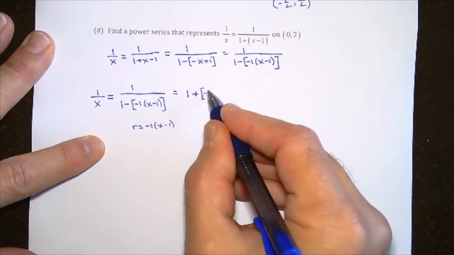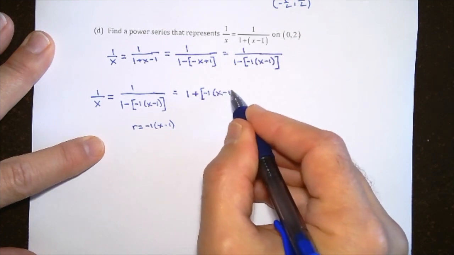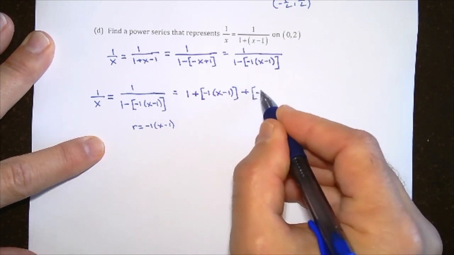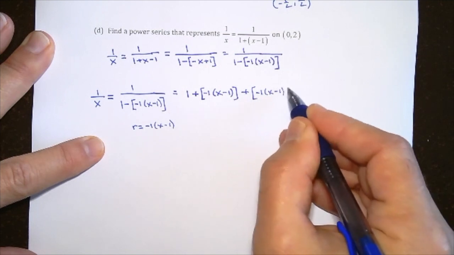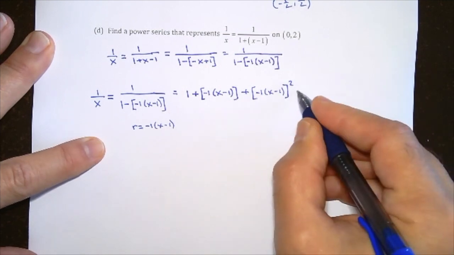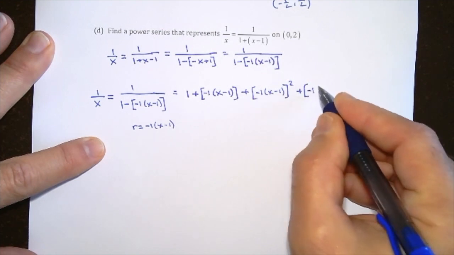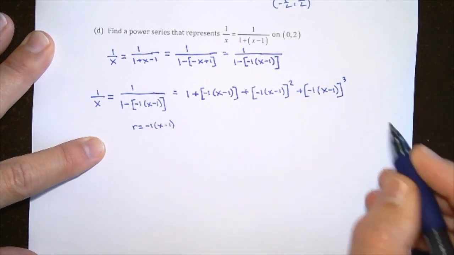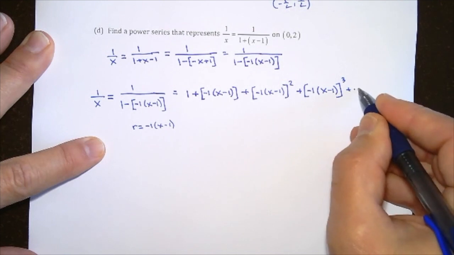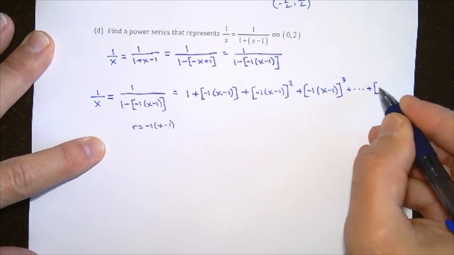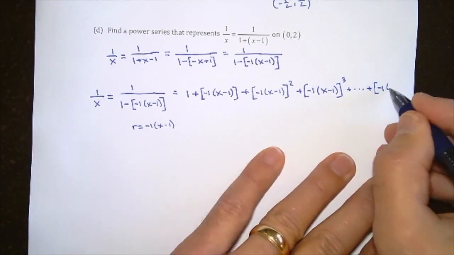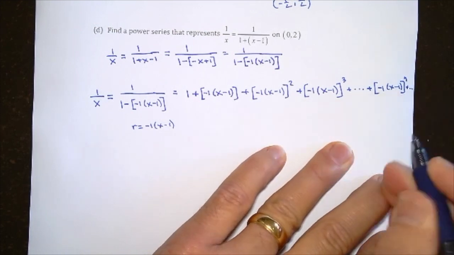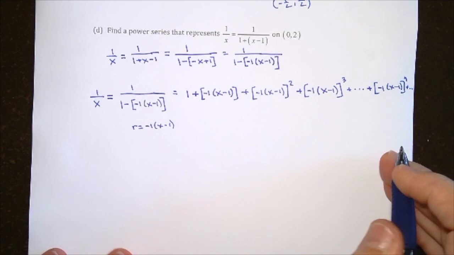So this becomes, I'm going to use a bracket here, negative 1 times x minus 1, and then plus negative 1 times x minus 1 squared, plus negative 1 times x minus 1 cubed, plus dot, dot, dot, plus negative 1 times x minus 1 to the nth, and then I should have plus dot, dot, dot at the very end.